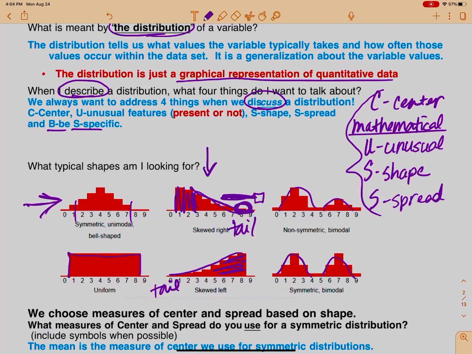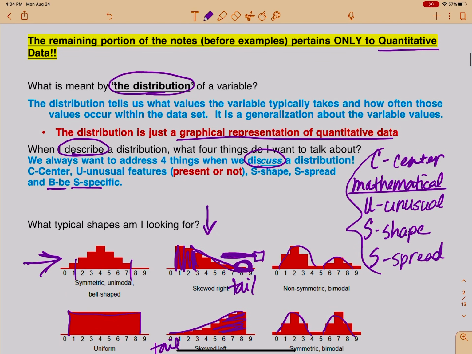Now, if you've got the data of the graph, you can go to town. You've got tons of information, tons of things that you can talk about. So as you'll see in the next videos, we'll dive into this and get a lot more specific about these measures for center, spread. We'll talk more about shape. We'll talk more about unusual values. But this is just kind of an overview of how to discuss distributions.